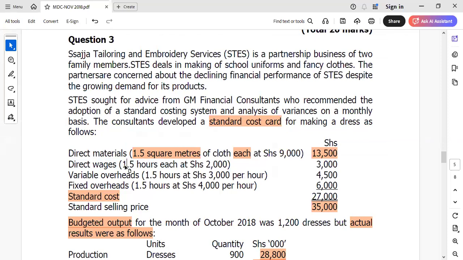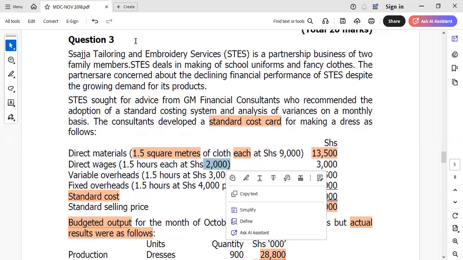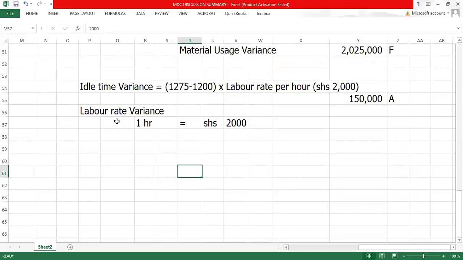But per hour, each hour costs 2,000. That is the first part. Then the question is, how many hours were actually paid? As a company, you paid for how many hours?